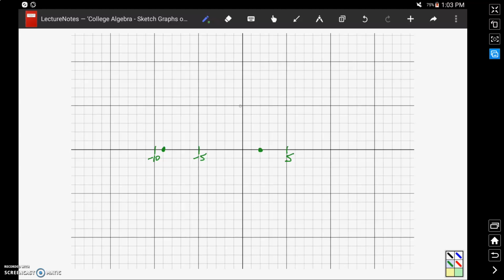We know we have a y-intercept occurring at 81, which will be just a little bit past 80. We know that as x approaches infinity, our function is going to be headed to positive infinity. As x approaches negative infinity, our function is going to be headed towards negative infinity.